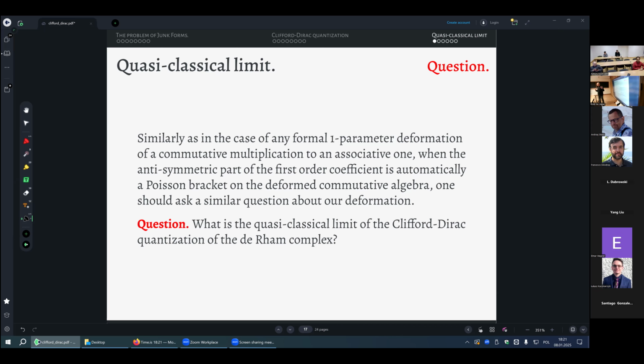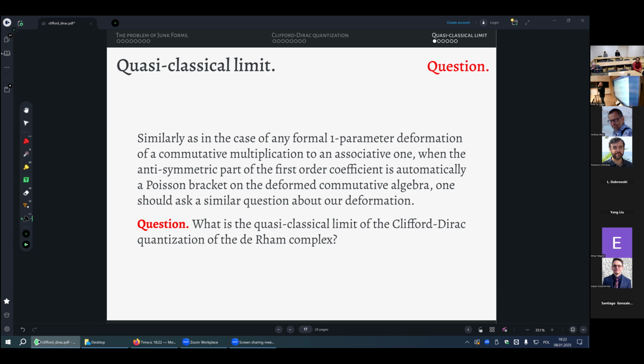Probably you are familiar with the situation when we have a commutative associative algebra and we start deforming it according to some one parameter family, deforming this commutative multiplication to an associative one. This is probably folk knowledge, but you can compute it.